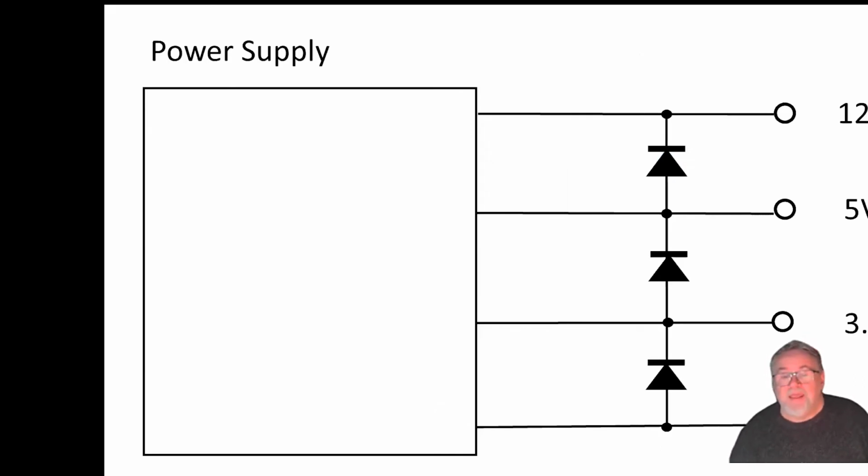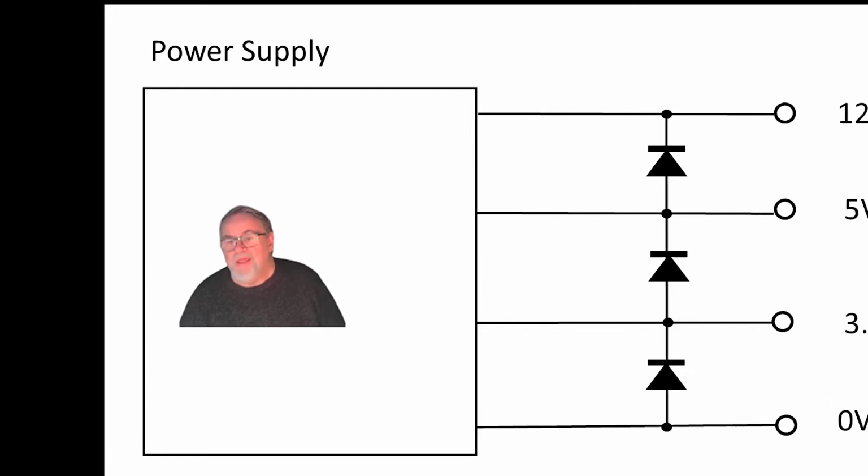The same trick can be used with diodes to make sure that your supplies come up in the right order. If that 5 volt line there is higher than the 12 volt line, then the 12 volt line will get current from the 5 volt line until it's at least at that level. And the same with the 3 volt line.